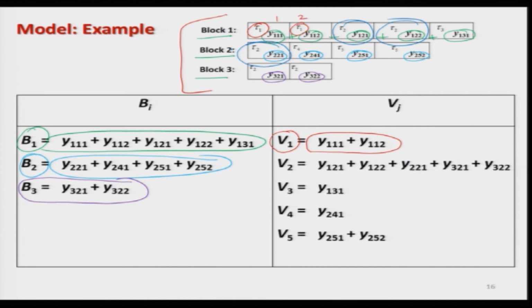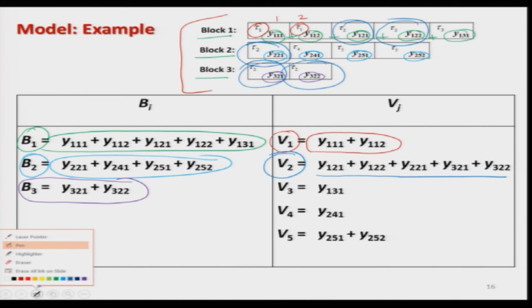And in block number 3, there are 2 plots, plot number 1 and 2, given the treatment number 2. So, you can simply sum the respective values: y121 plus y122 plus y221 plus y321 plus y322, and this is going to give you the value of treatment total V2.